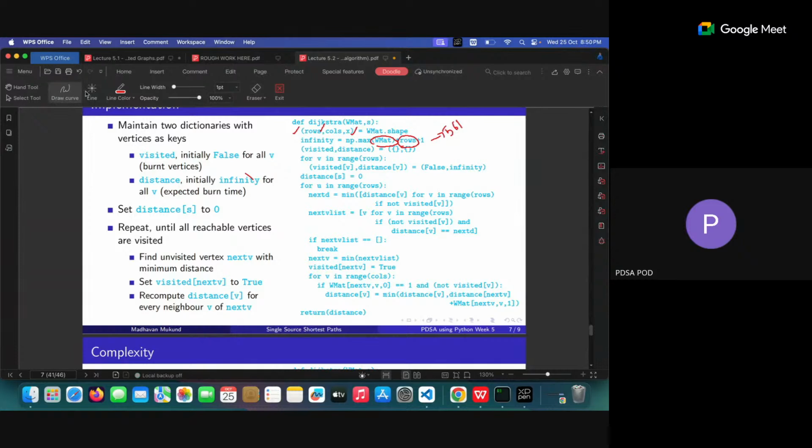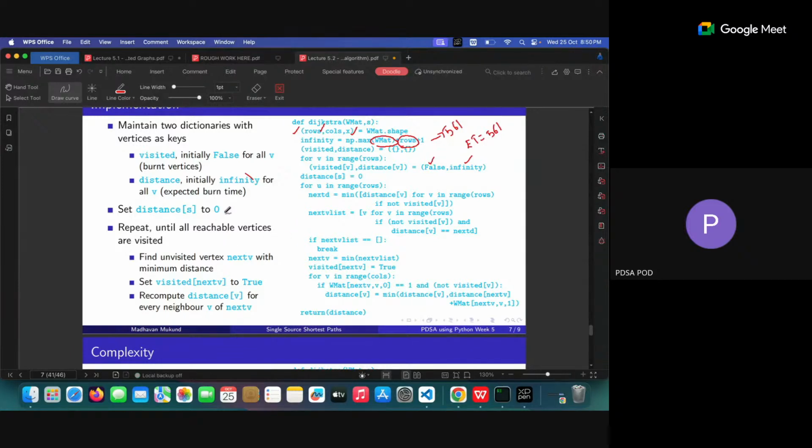Expected burn time is initially 561. Before it gets a chance, it is all set to 561. After that, it is set to infinite for all of them, and visited is going to be false. That is exactly what is happening.